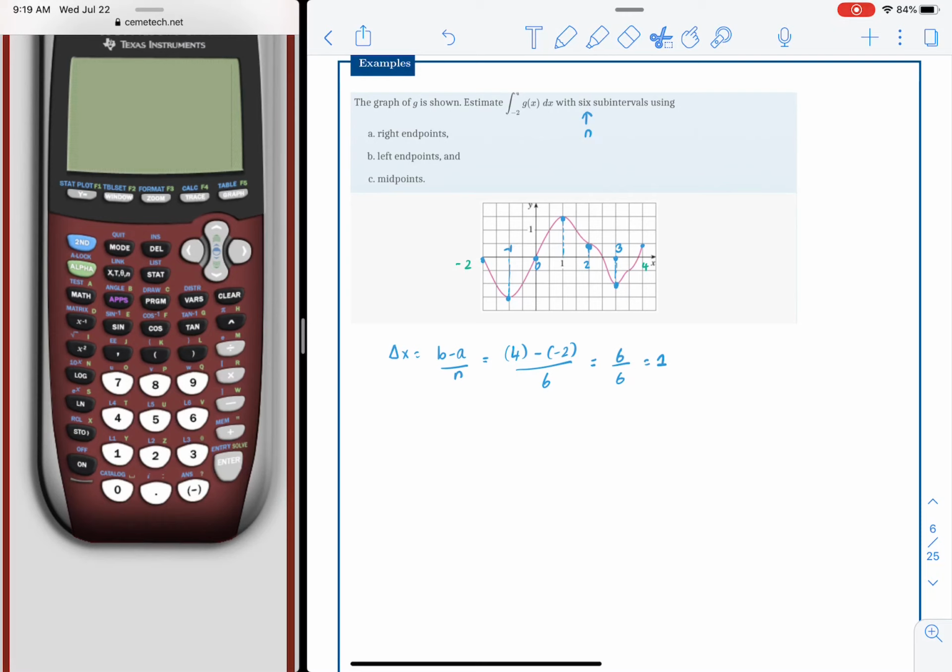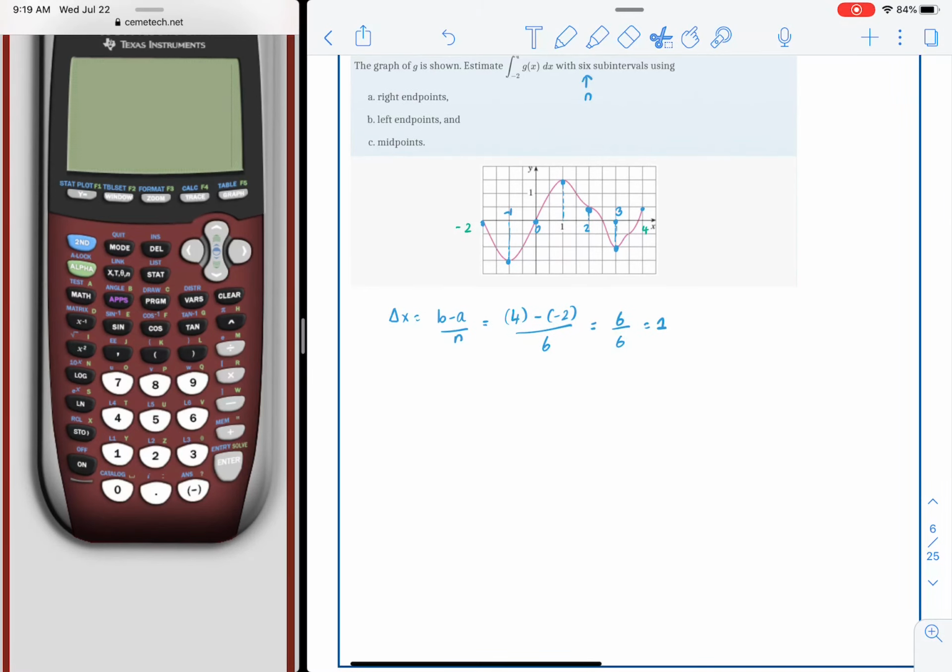If that is the case, all we have to do is start at the endpoint 4 and evaluate all the way up to -1. So what do we mean by that? We have 6 subintervals, so we have x1, x2, x3, x4, x5, x6.